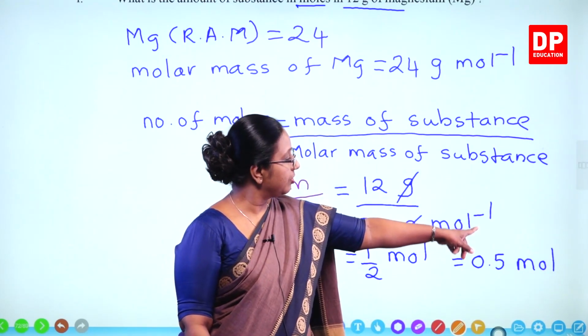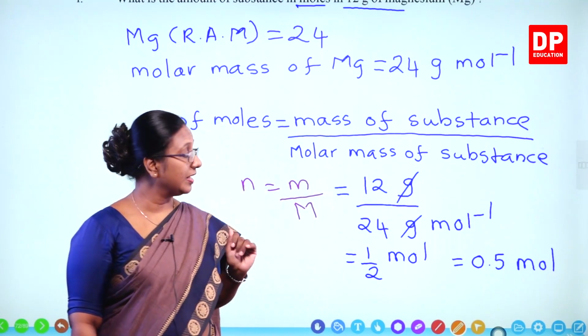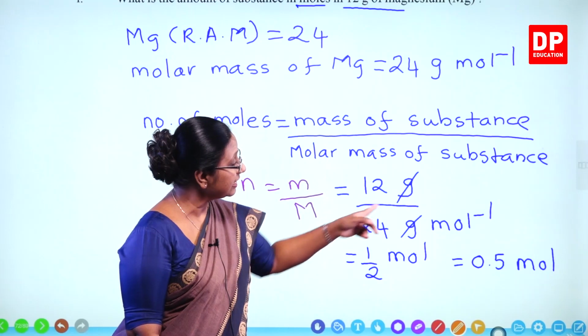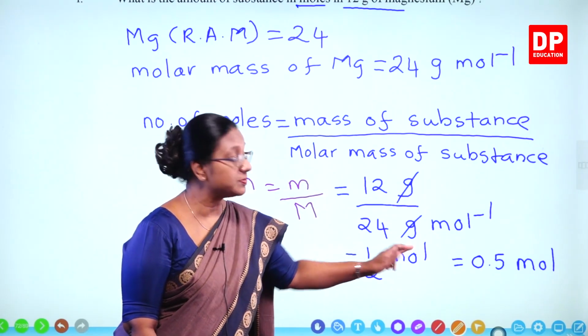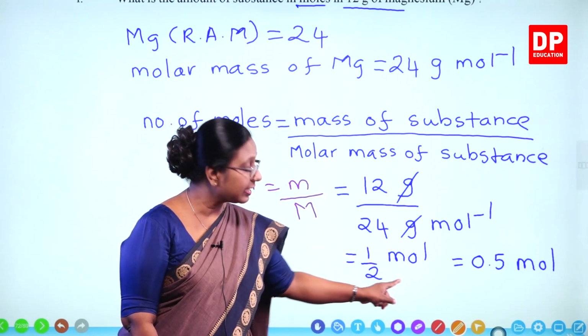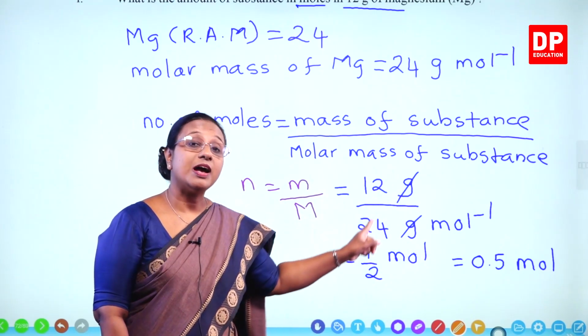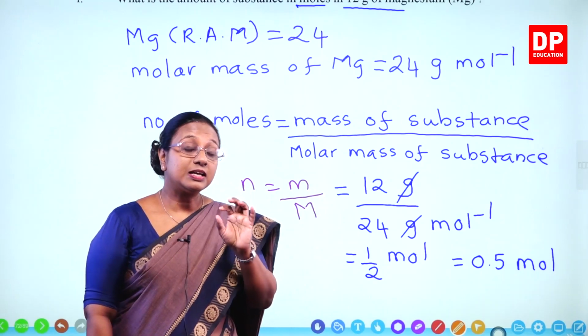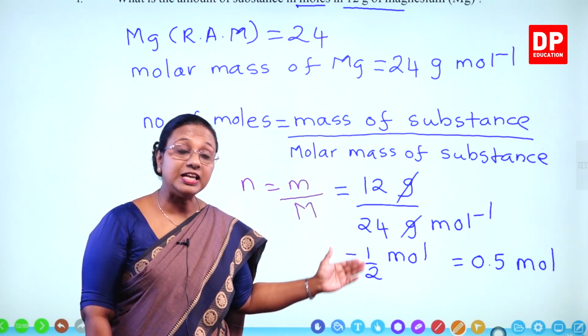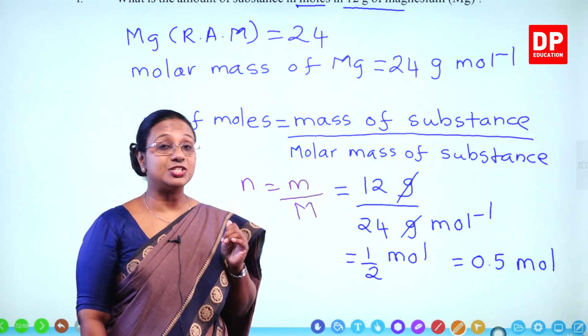When you take the mole to the power minus 1 up, I am sure you are very good in maths, it becomes moles. So that is another convenience. When you substitute with the units and they cancel off, you get the correct unit, which means you have substituted the correct way. So that is a way of checking whether you have done the calculation correctly.